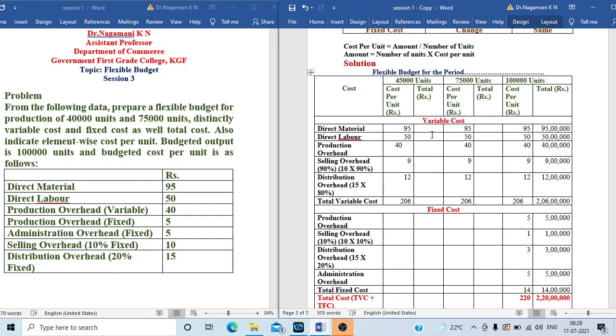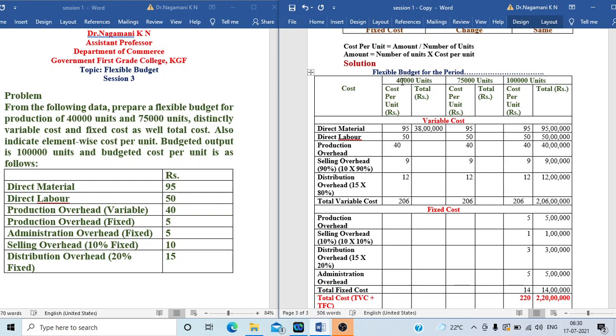Then with the help of this we can calculate the amount. The formula is number of units into cost per unit. Number of units is here 40,000 units. 40,000 into 95 is 38 lakhs. Next, 50 into 40,000, 20 lakhs.